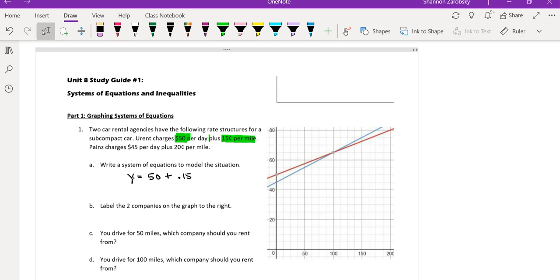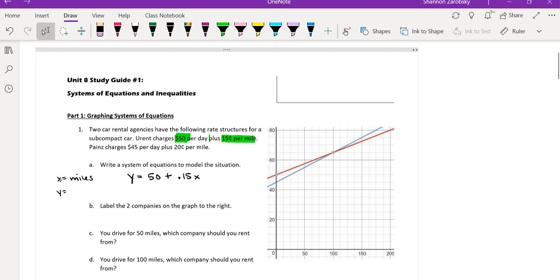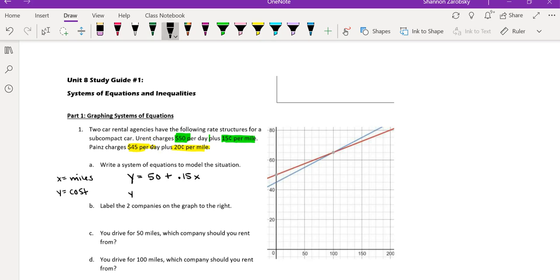Remember, cents is represented with a decimal per mile, where x is the number of miles and y is the cost. Okay, that's for U-Rent. Then Paynes charges $45 per day, so there's my starting value, plus 20 cents per mile. So y equals 45 plus 0.20x.